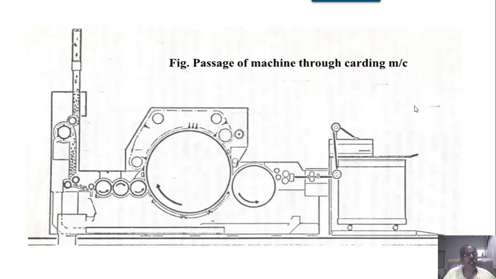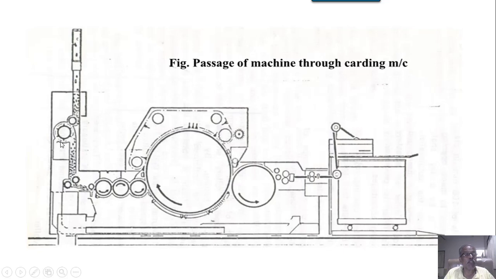Now the passage we have already seen, but let us go very quickly through this. Now this is a kind of tubular system one can see here, or even in the case of the Rieter system also, where the tube feed system is enhanced, changed.